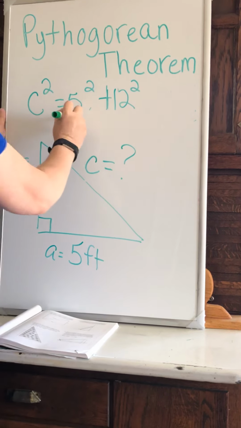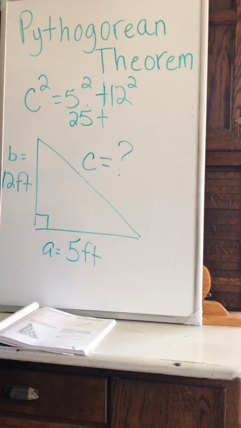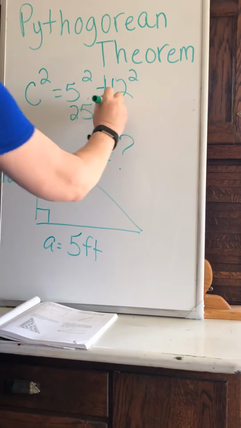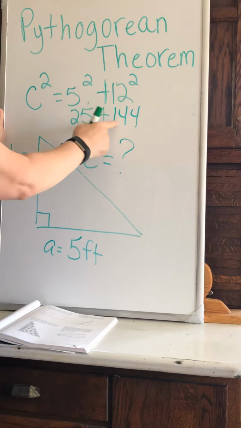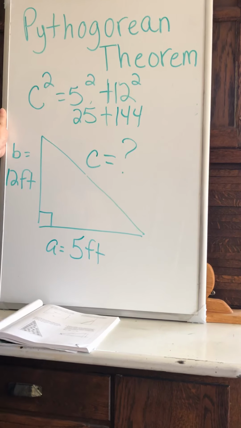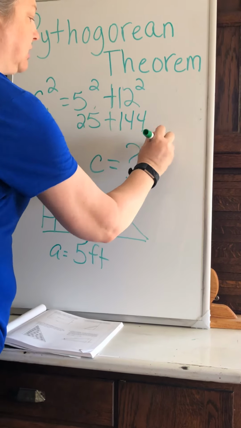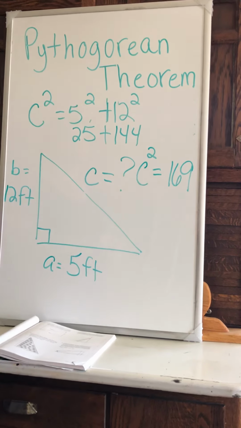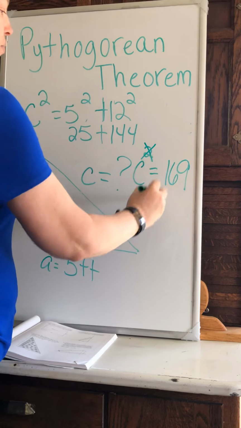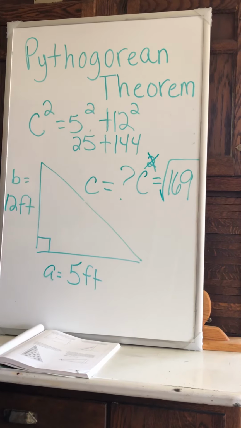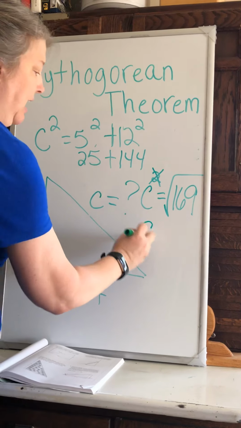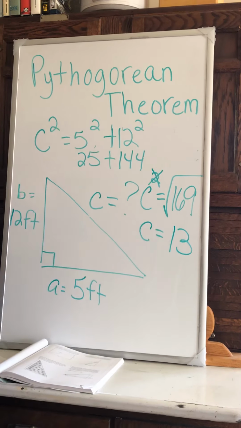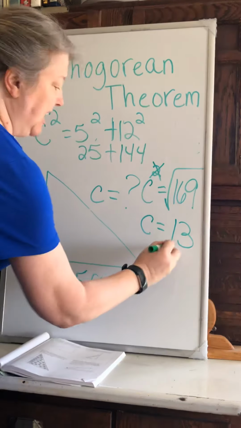Well, that's 25. What's 12 squared? Well, that's 12 times 12 is 144. You're going to add up 25 and 144. So your answer should be C squared equals 169. One more step. So we cross out the 2. We draw the square root sign around the 169. So C equals 13. 13 what? 13 feet.